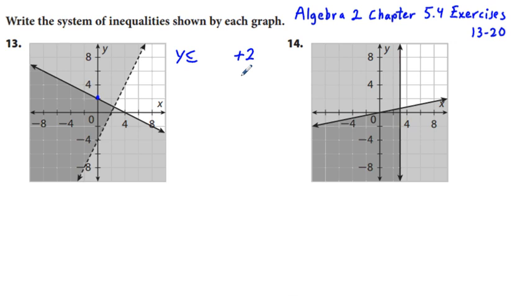And now we need to find the slope. To find the slope, we go to rise over run. From this y-intercept of 2, we're going down to 0, so that's going to be -2. And then to the right, we go 4 units.